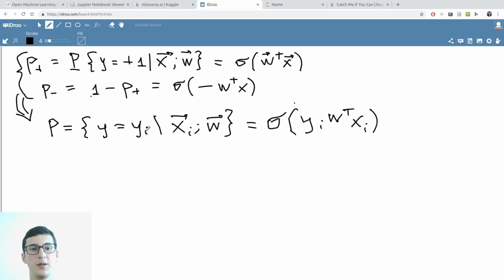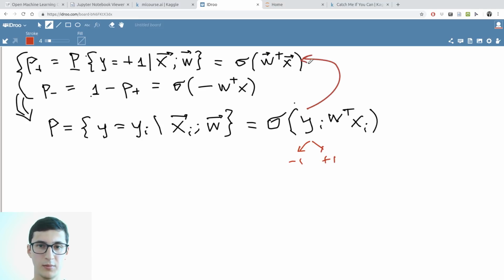If yi is positive, then we have the first equation. If yi is -1, then we have the second expression. So yi is either -1 for a negative object or +1 for a positive object. In case it's +1, the first expression is valid, and in case of yi equals -1, the second expression will hold.